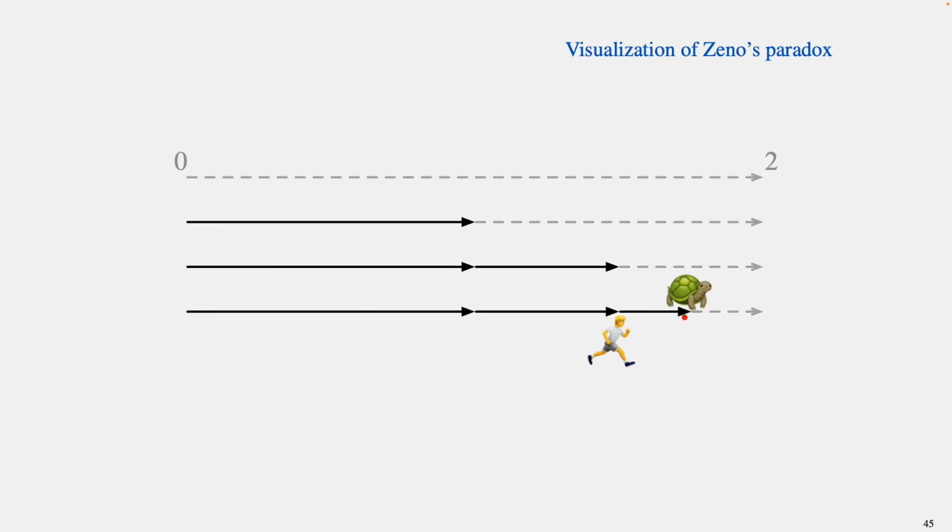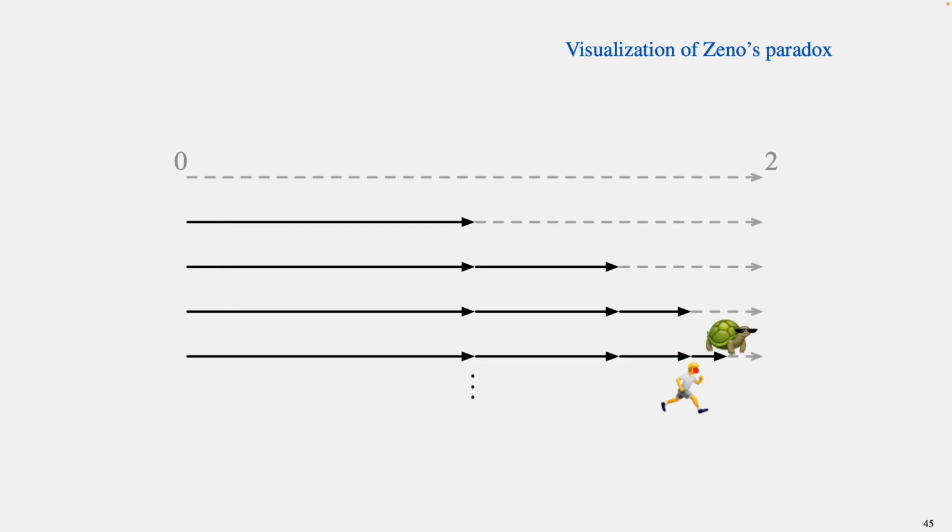And once Achilles has reached this point, the tortoise is yet 1/4 of a meter ahead of him. And by the time Achilles reaches that point, the tortoise is again 1/8 of a meter ahead of him. And by Zeno's logic, the tortoise will thus always stay ahead of Achilles and he can never overtake it.